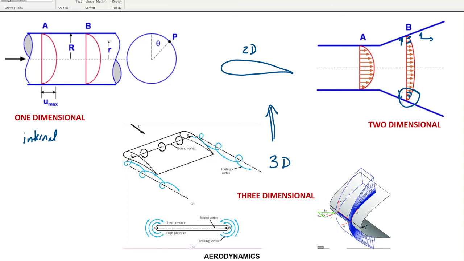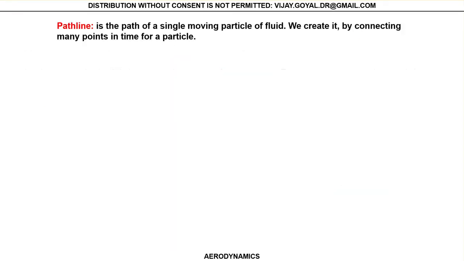Okay, so with that said, let's change the colors here. Let's talk about what a path line is. If I have a fluid, a small fluid particle, and that fluid particle is moving with time. So this particle is moving in time.